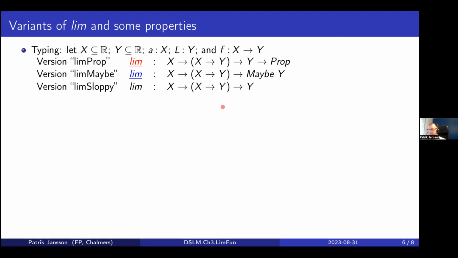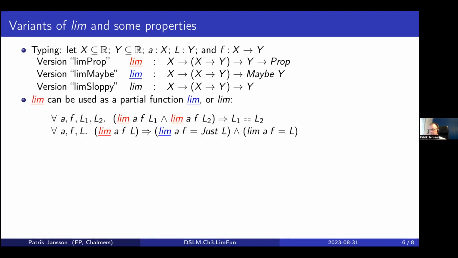But it's a little more easy to see the different properties or different roles the variables play if we see that this is something that comes as an input to the function, and this is something that is an output of the function. So this must be A, and this must be L, and this must be the limit.